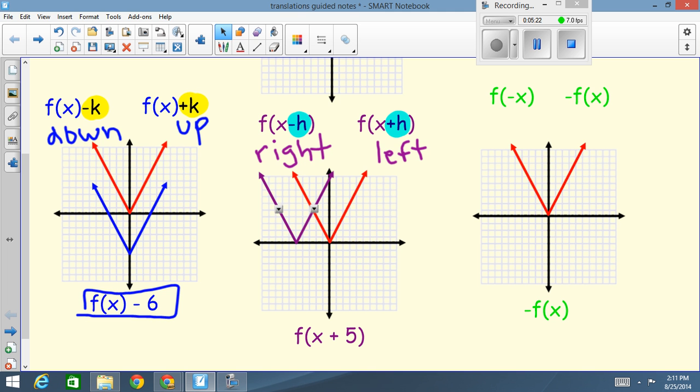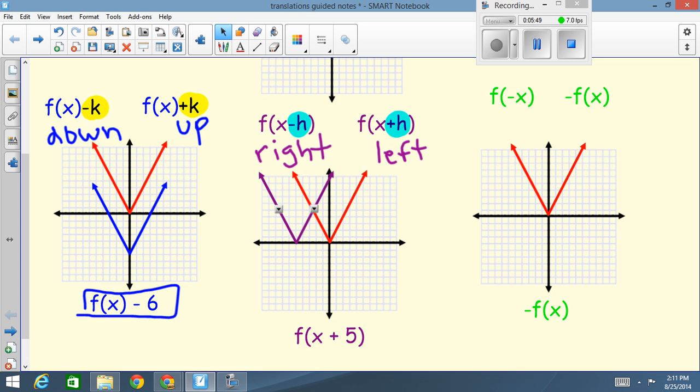Okay, and then the last one for now, before we get into some crazy transformations, is if we have a function and we simply have a negative in front or a negative on the inside, that is going to cause a flip, so to speak, of the function over the x-axis or the y-axis.